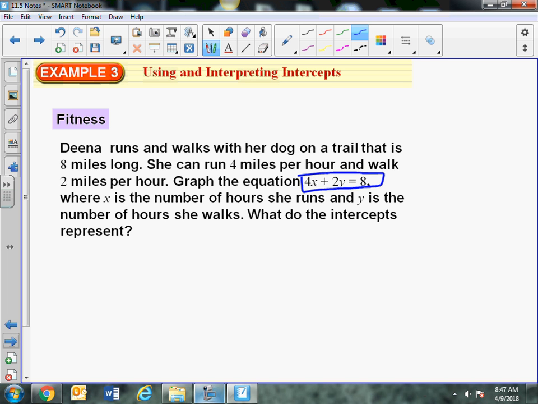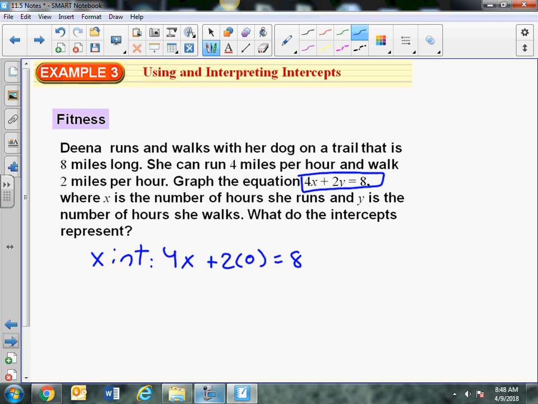All right. So if I want to find out, first off, the intercepts, I'm going to do exactly what we just did on example 1. So here I'm going to plug a 0 in for the y value. And really, there is an easy way to do this. It's an easy trick.